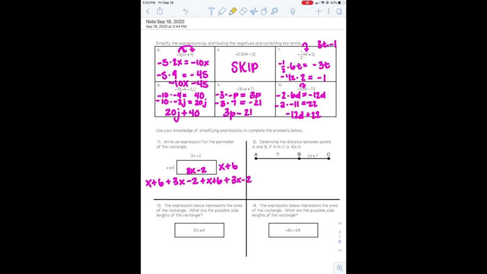And all I'm going to do here is combine like terms. And I see that I have 2 3x's and 2 x's, which is going to end up giving me 8x.